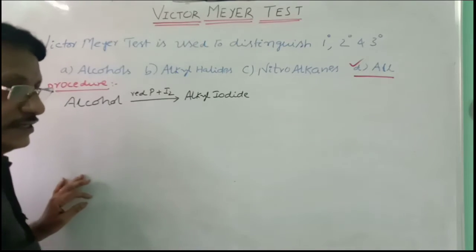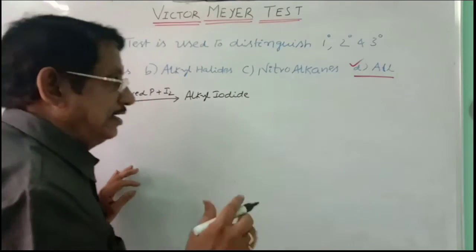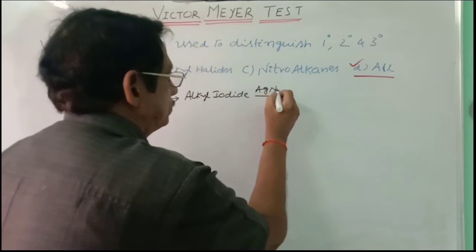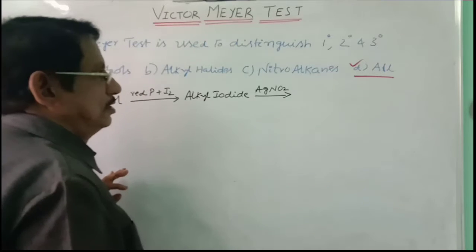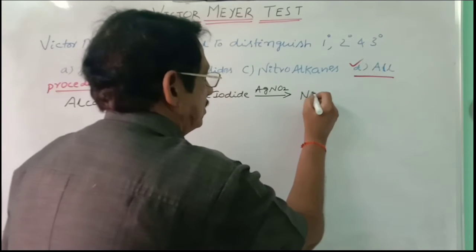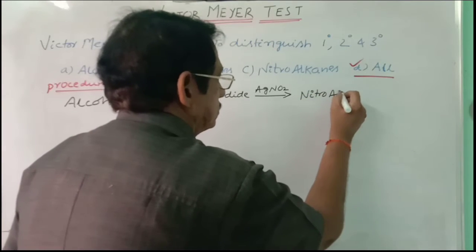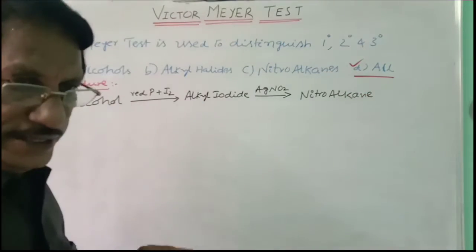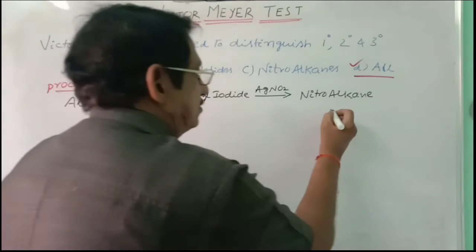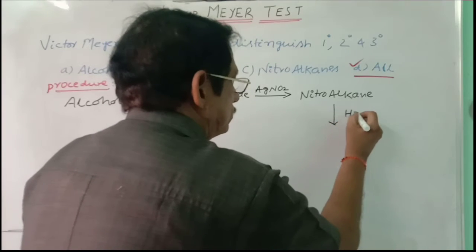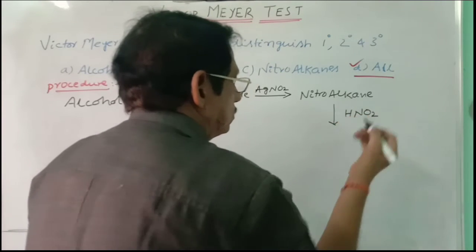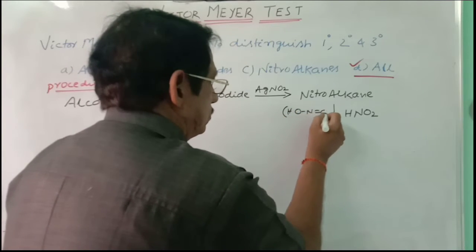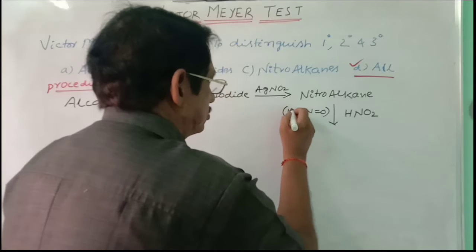This alkyl iodide is later converted into nitroalkane by treating this with AgNO2. Thereby you will get nitroalkane. Nitroalkane is further treated with HNO2, structure being OH, N, double bond O. This is the structural aspect of nitrous acid.